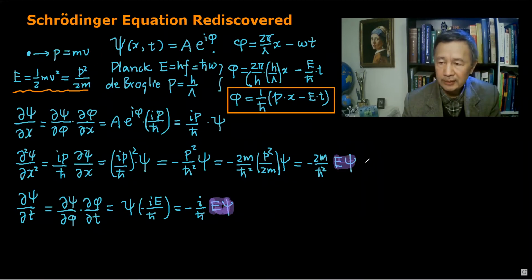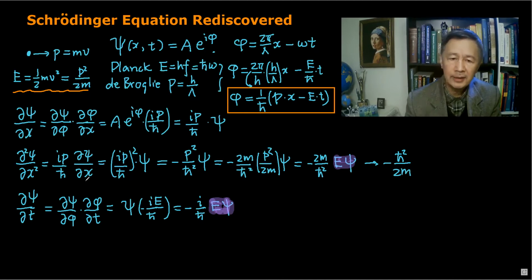For this one, I just multiply by negative h bar squared divided by 2m. In this way, we get negative h bar squared over 2m, and then we write the original second derivative, partial squared over partial x squared, multiplied by the wave function psi.